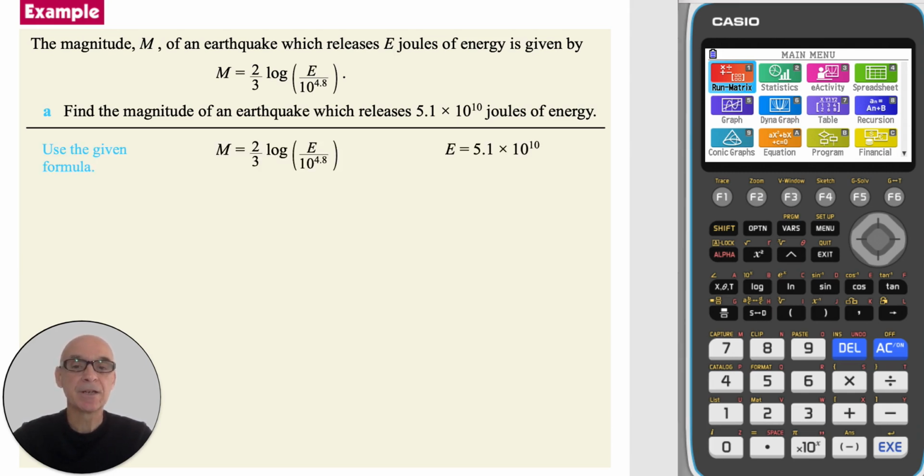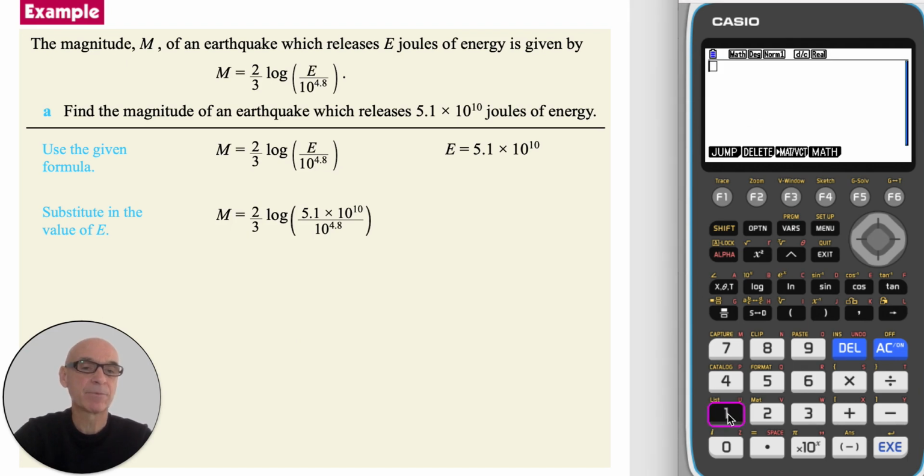So if we use the given formula and substitute in the value of E, enter in the value of the expression into the calculator, pressing 1 for a run matrix, then the fraction button, entering 2/3, then pressing the log button for a log in base 10, opening a bracket, pressing the fraction button again, entering the value of E as a numerator, 5.1 times 10 to the power of 10, and then for the denominator, 10 to the power of 4.8.